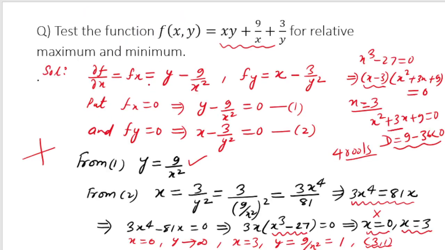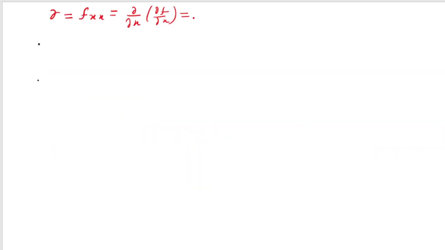So the next thing is we have to calculate r. So what is r? r is f of xx, means partial derivative del by del x of del f by del x, right? So what is del f by del x? Look at this here. Del f by del x is y minus 9 by x square. So if you differentiate it again, let me write so that you don't get confused.